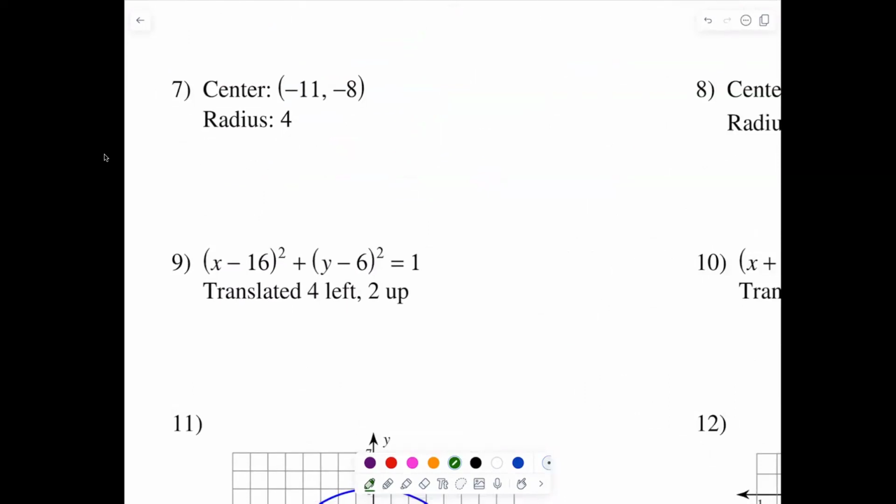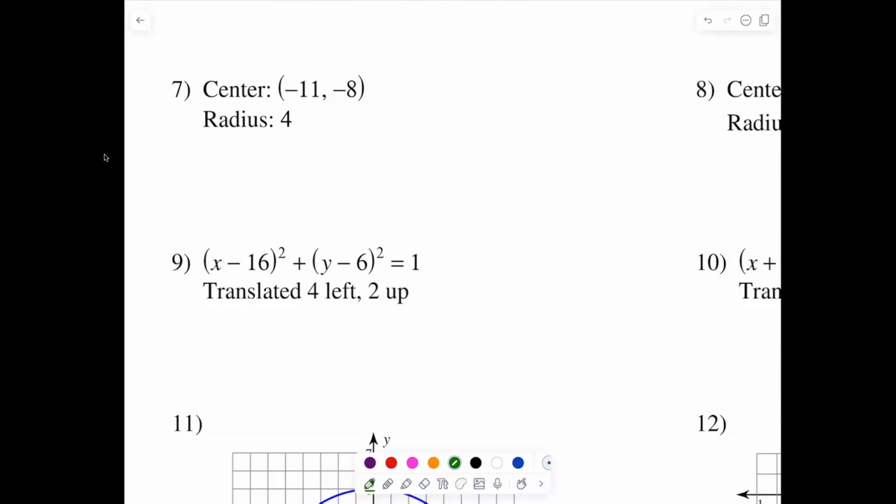So for question number 7, what is the center? X plus 11. Negative 11 and negative 8. So now what you're doing is going from the center and the radius into the equation. Remember, I told you the relationship between h and what's in the equation are opposites.